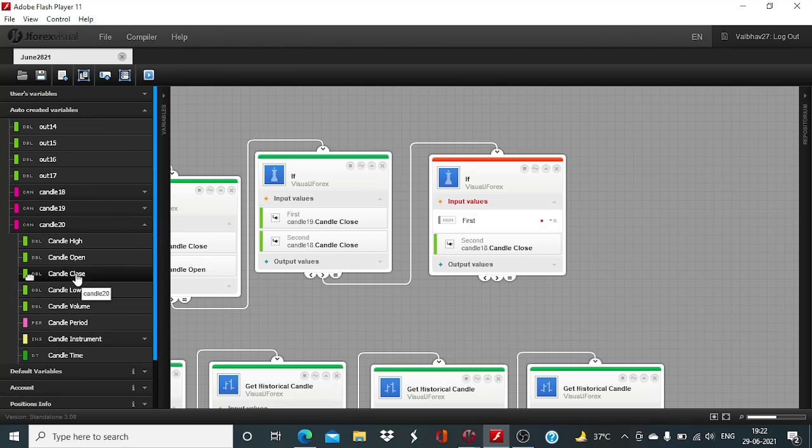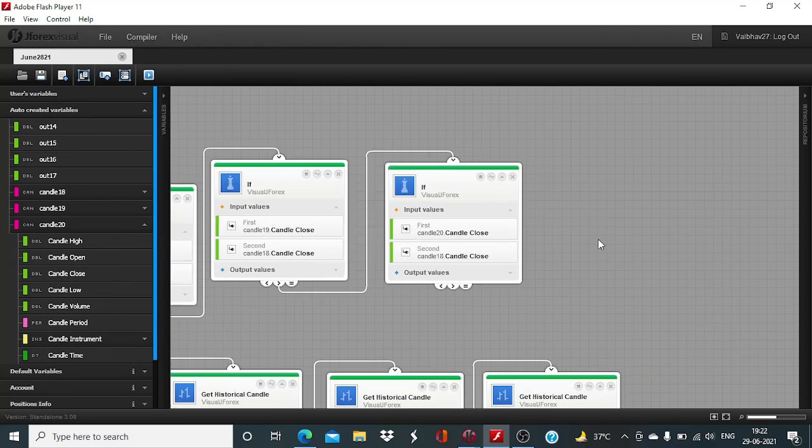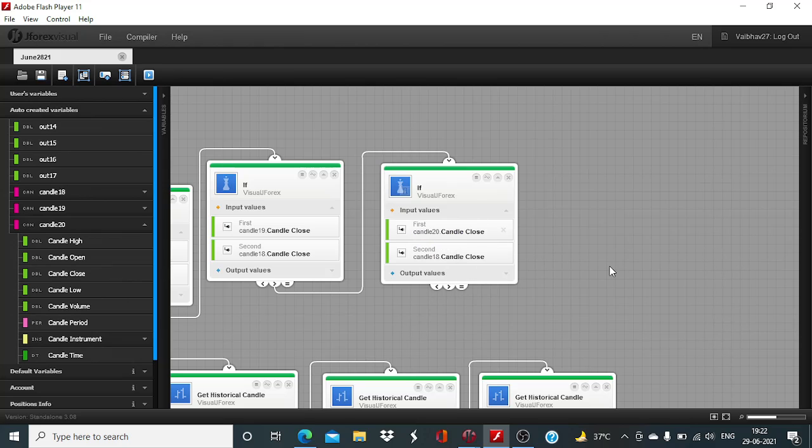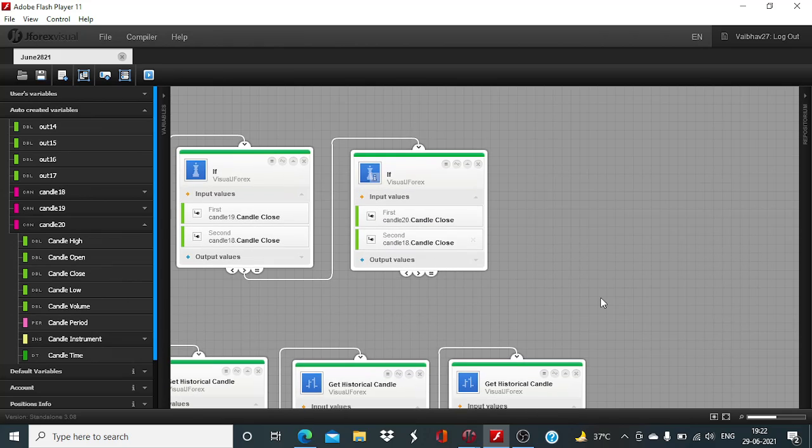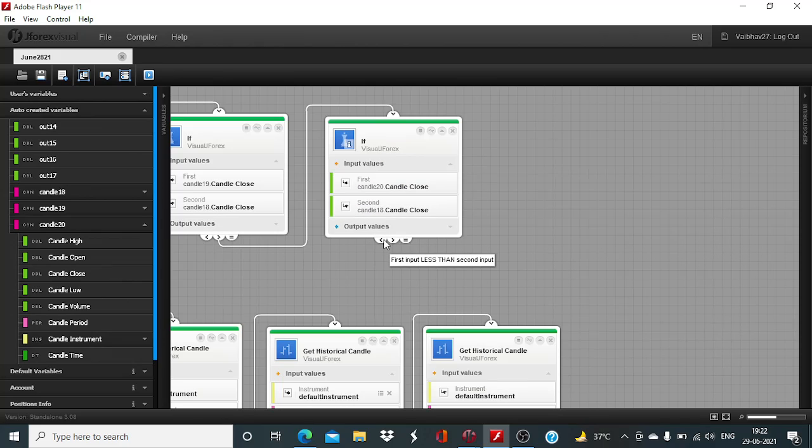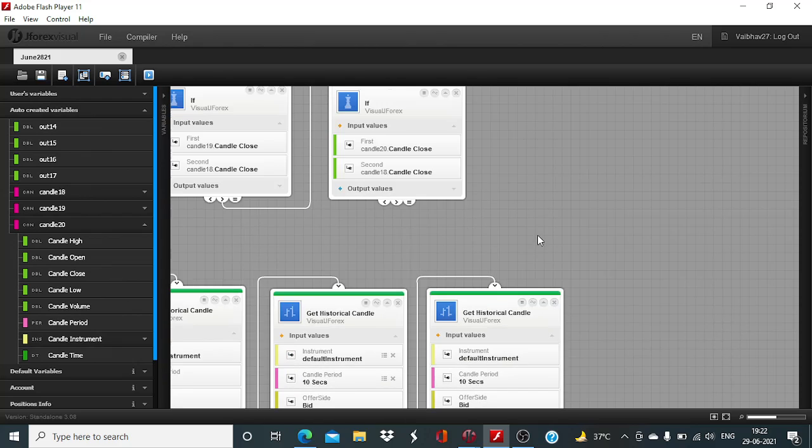Candle 19 candle close will need to be less. In this instance, first input less than second input. Okay.